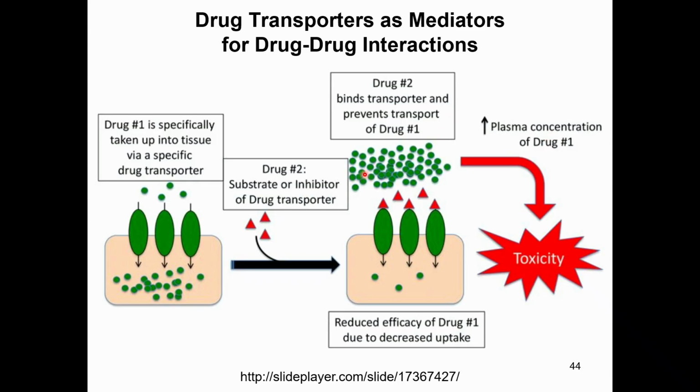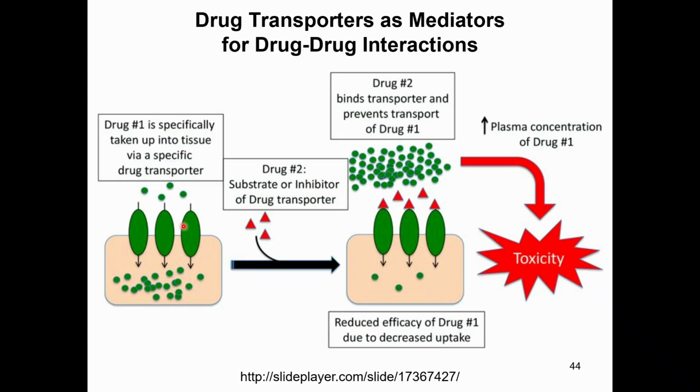The last thing I'll say is that these drug transporters are also sometimes involved in drug-drug interactions, okay? So here's drug number 1. It's taken into a tissue by a transporter, okay? Drug number 2 might be a drug that inhibits a drug transporter.